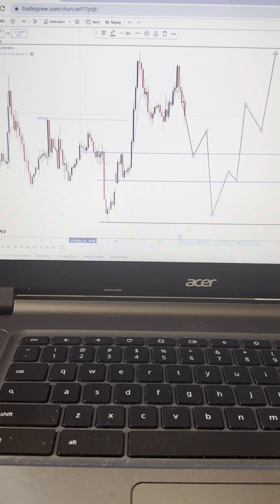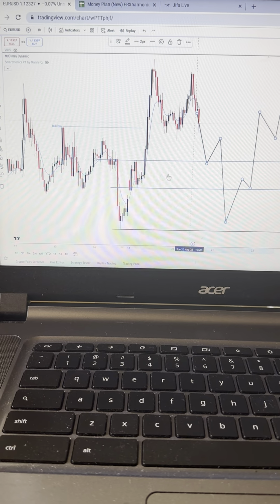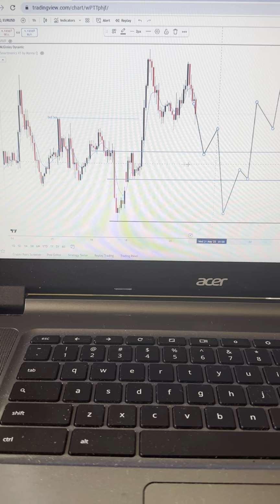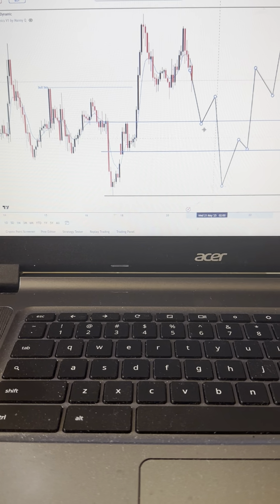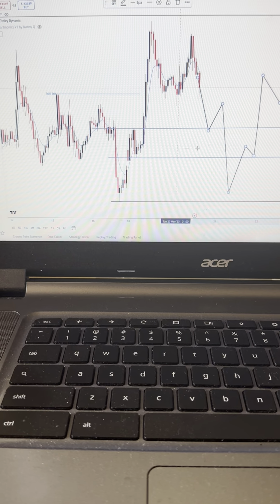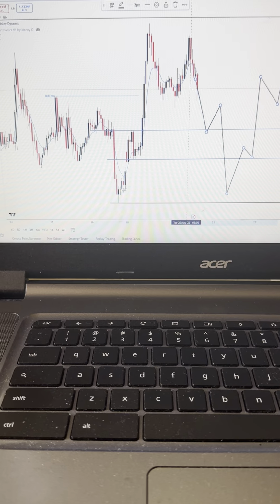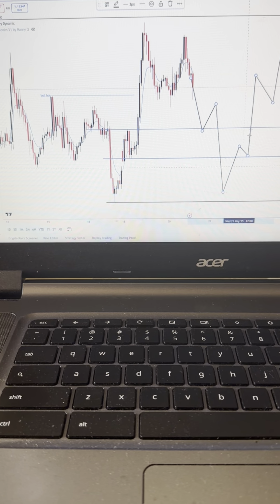So it has similarities to what's happening in the DXY, but we are looking for this zone to place our position, or the lower zone to place our position, depending on what price does. If price gives us a signal in this zone, we'll be taking a buy from this zone. If the price gives us a signal from this zone, we'll be taking a buy from this zone.